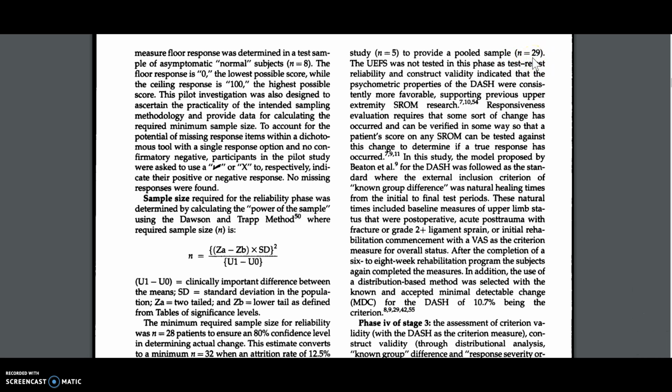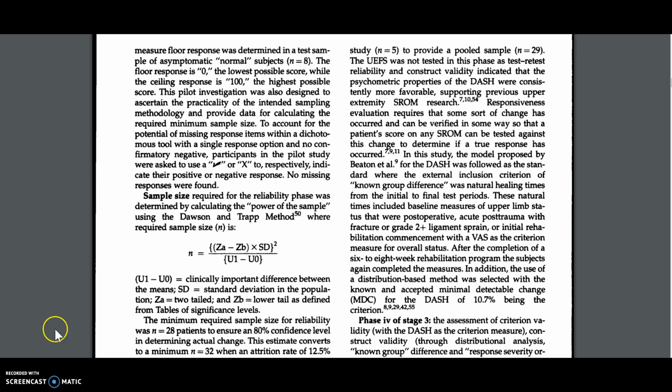The UEFS was not tested in this phase, as test-retest reliability and construct validity indicated that the psychometric properties of the DASH were consistently more favorable, supporting previous upper extremity research.